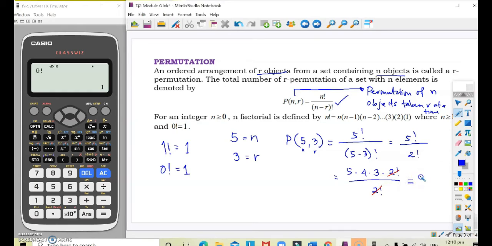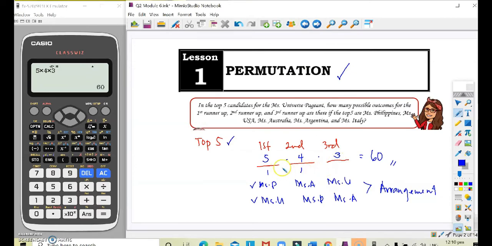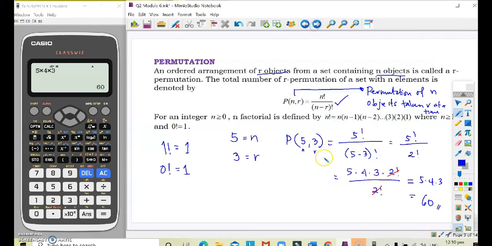That would be equal to 5 times 4 times 3, which is equal to 60. So it's the same answer as what we had when we used the fundamental principles of counting. But since the fundamental principle of counting talks about arrangement, we can actually use the formula for permutation. And this is our answer.